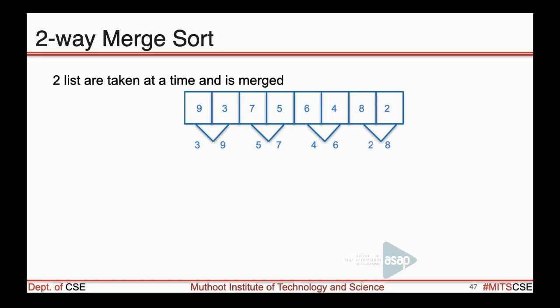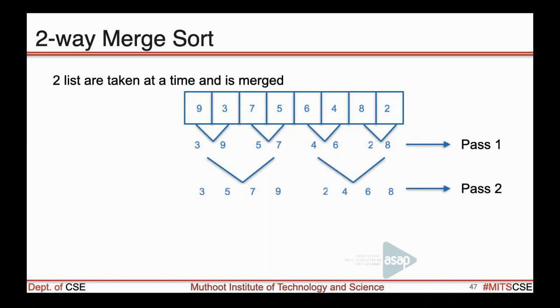Now we take 3, 9, 5 and 7. So this is pass 1. In pass 2 we take 3, 5, 7 and 9 and 2, 4, 6 and 8. That is pass 2. Again we go for one more pass which gives us the final result, which is pass 3. So this is how a 2-way merge sort actually happens.